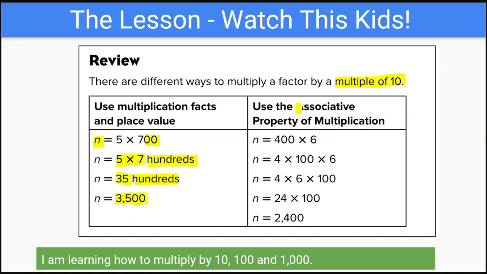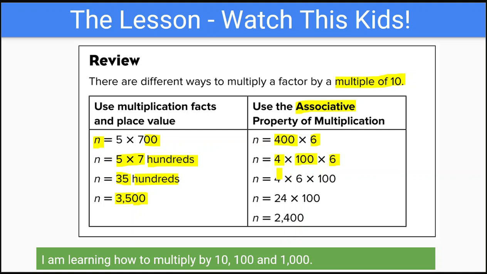Now over here, you could also use the associative property of multiplication. The associative property says that you can group numbers however you want with multiplication and you still get the same answer. So we can decompose these and put them back together again, and you're still going to get the same answer. So they have right here 400 times 6. Well, that's the same thing as 4 times 100, times 6.